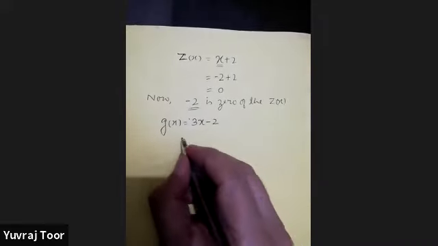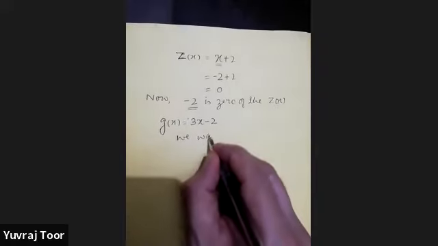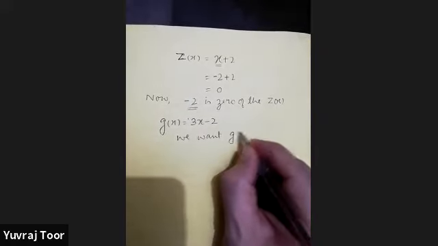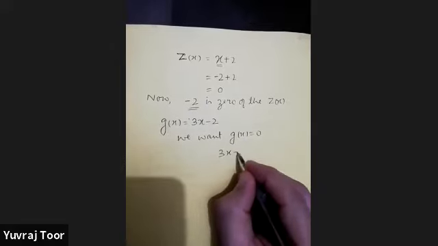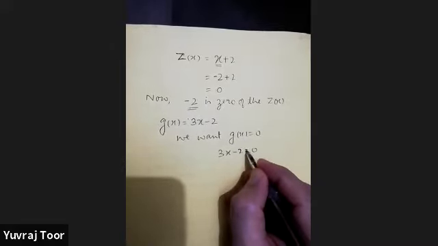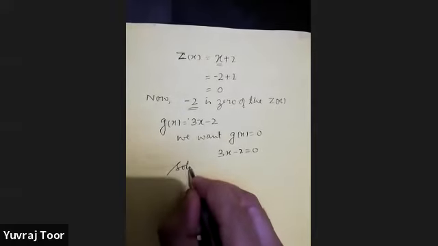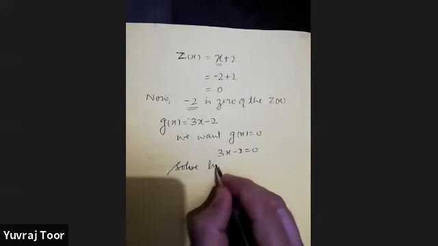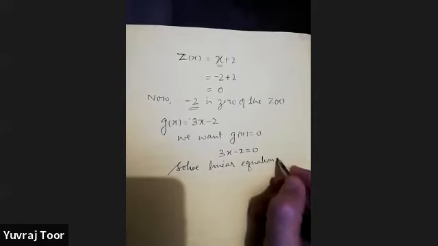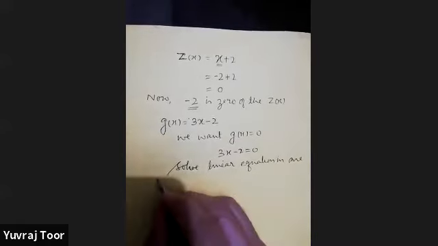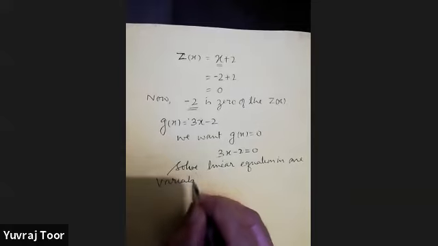What we are looking for? We want g(x) to be 0. Let's put the value equal to 0 and solve a linear equation in one variable. I hope you people know how to do this.